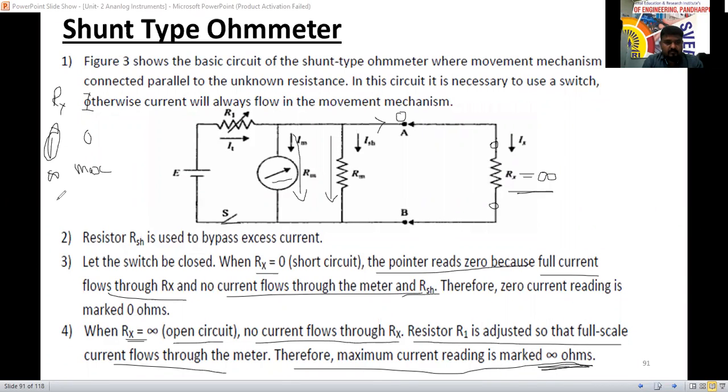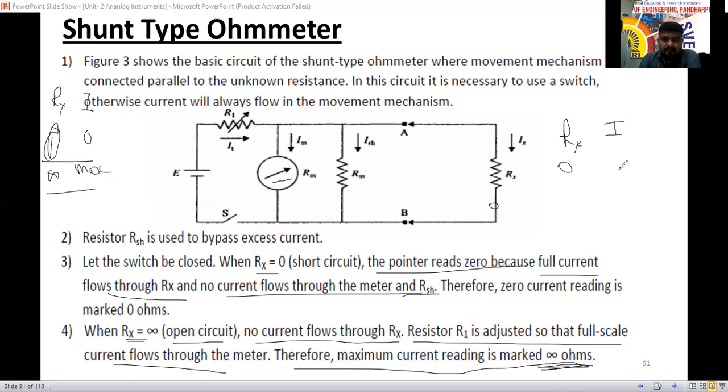Is it clear? Yes, sir. One more question I will ask. If I remove all these things, for the same circuit, tell me the answer. If Rx equals 0 for the same circuit, what is the value of current? 0.